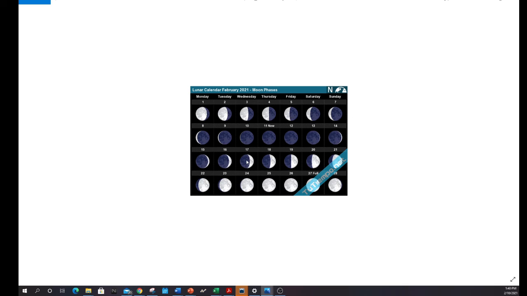The moon rises typically about an hour later each night. So your first observation window will be next week and the last week of February.